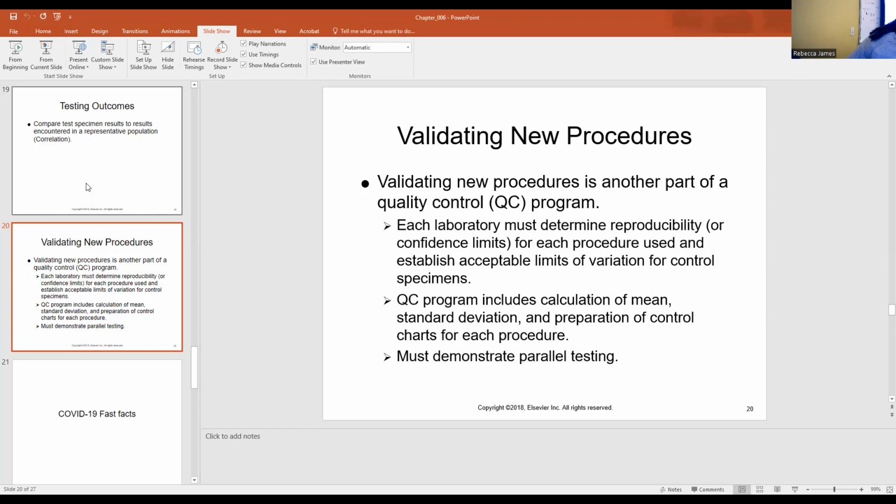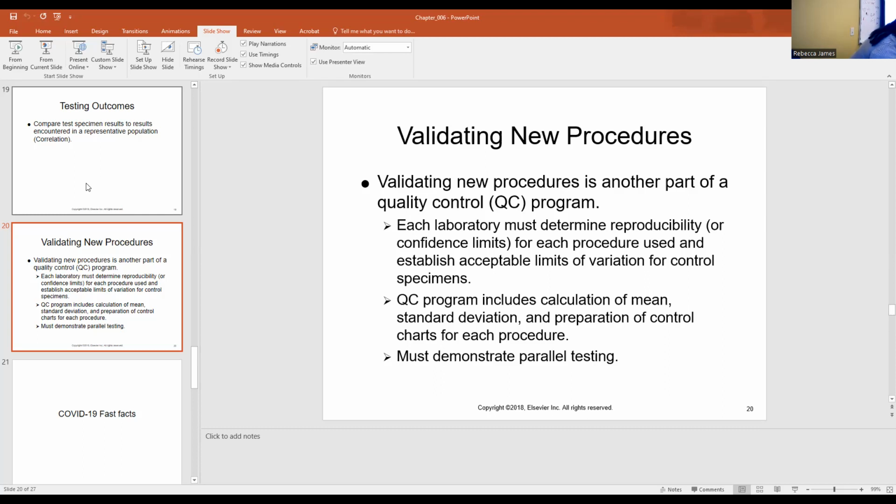The QC program includes calculation of the mean and the SD and the preparation of control charts for each procedure. And we're going to talk about that later. So that's just when you are introducing a new procedure for your lab, you have to repeat QC samples over and over and over again. It really gets aggravating. So it's just saying that you have to make sure what you're doing is right.